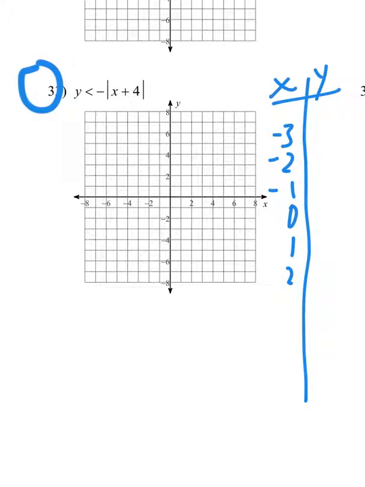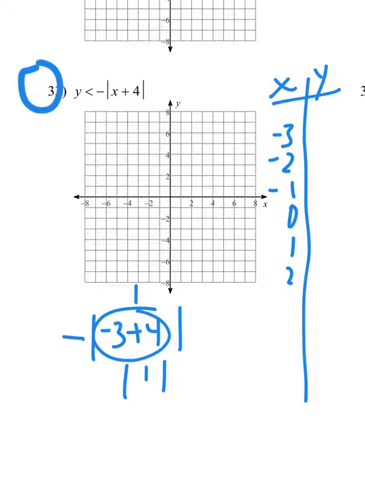So keep those things in mind that we've talked about. Okay, so when we put -3 in, I have the opposite of absolute value of -3 plus 4. We're going to do this inside here first. Well, that's 1. The absolute value of 1 is 1. This puts the opposite sign back on it, so that is -1. Basically, this opposite sign in front here is going to make all these in the Y column negative.